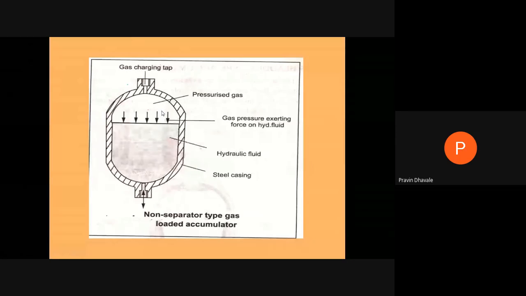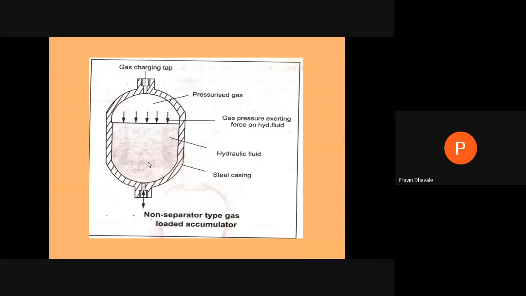There will be no mechanical element, so no part which has to be replaced after prolonged use, and no sealing arrangement is provided in this case, so the operating cost is low.